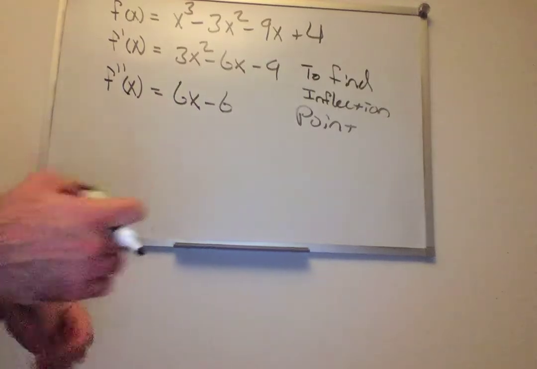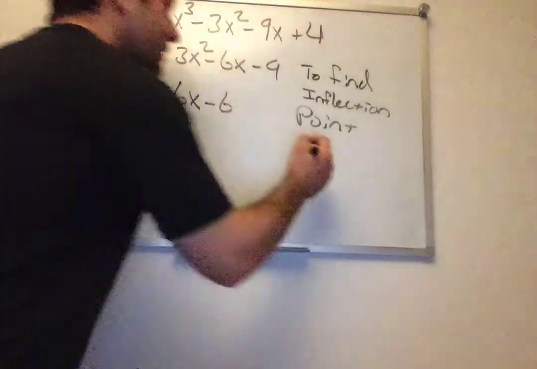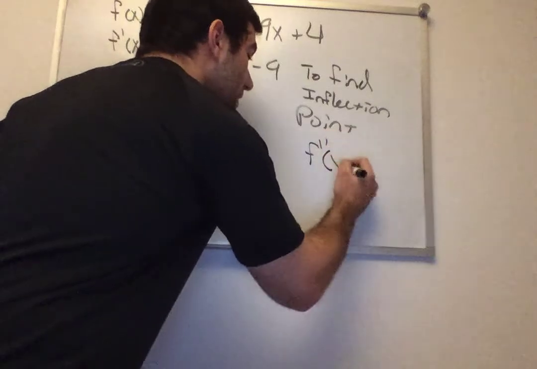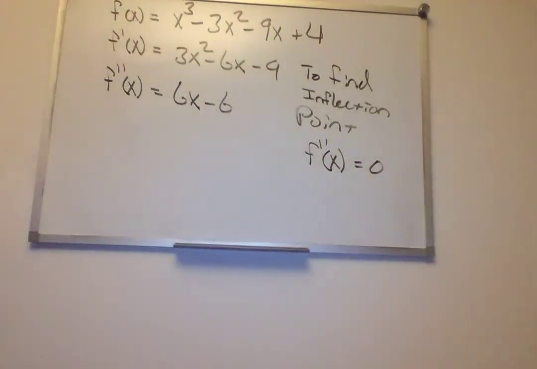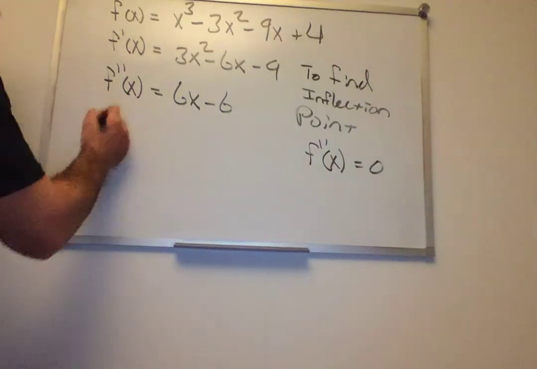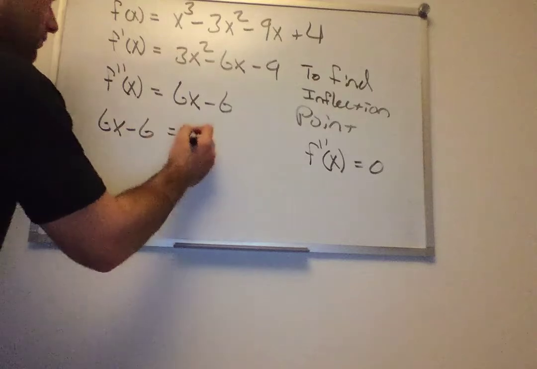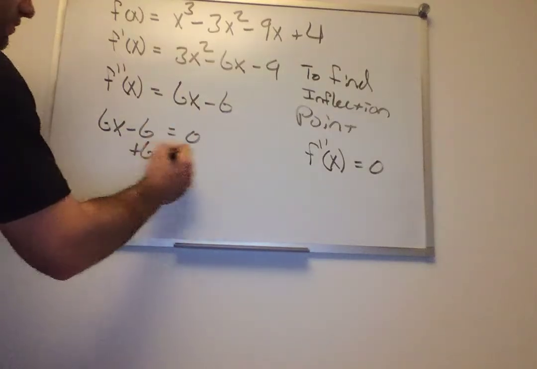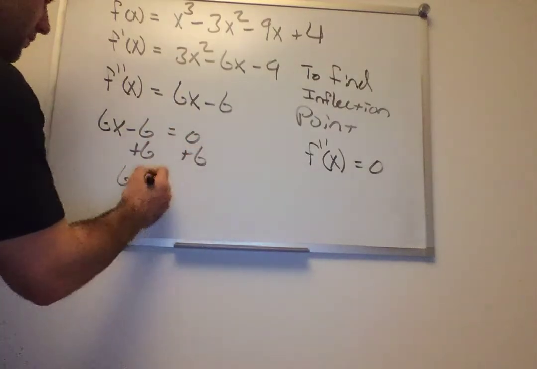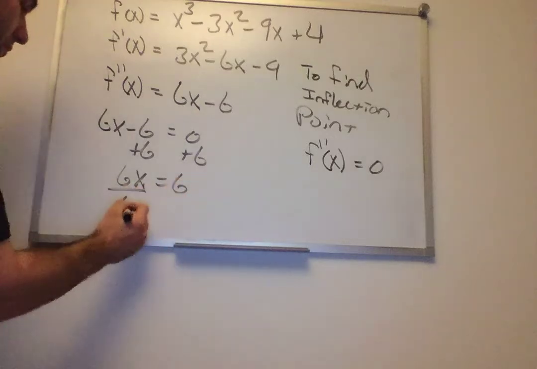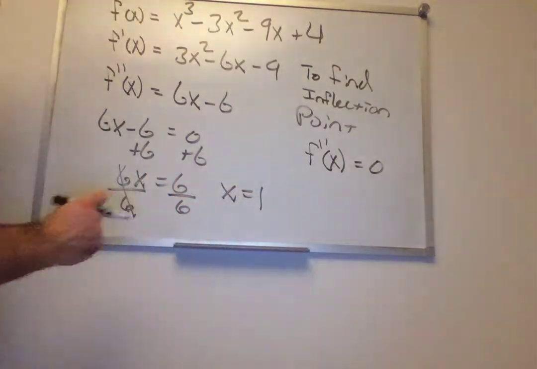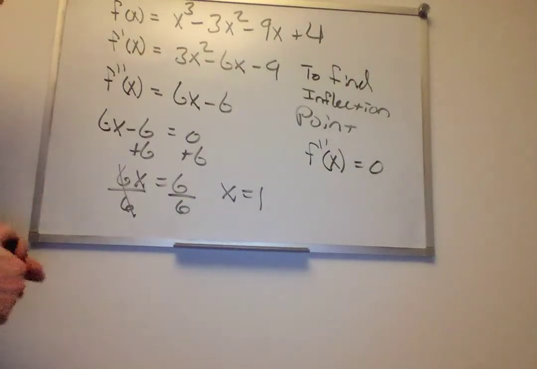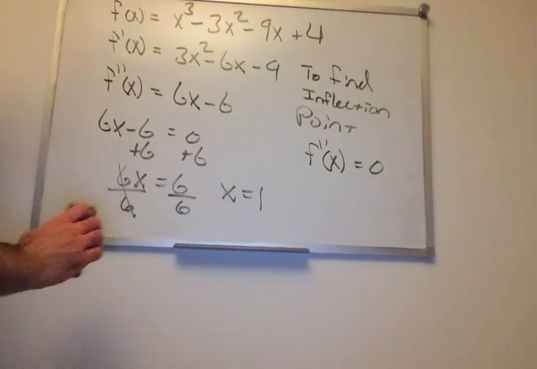It's very analogous, so we're going to take the second derivative and set it equal to 0. This is a really easy equation to solve. So we have an inflection point at 1.